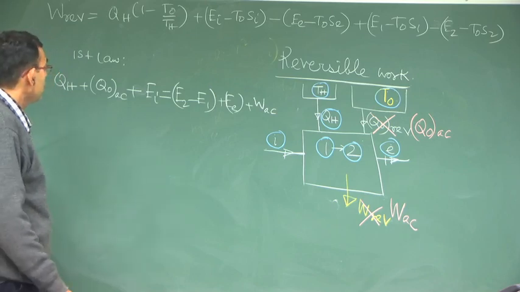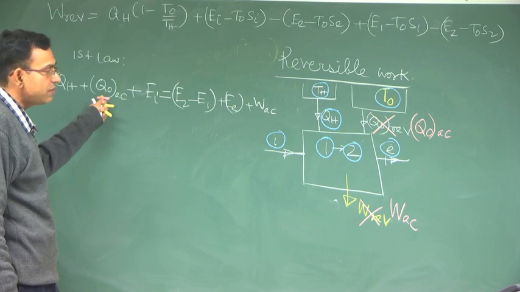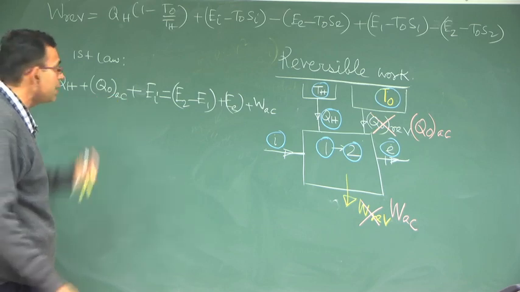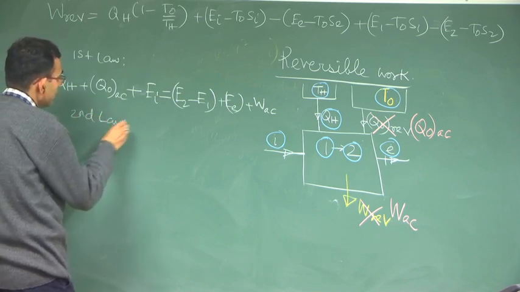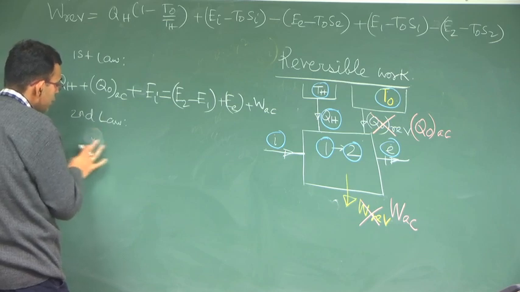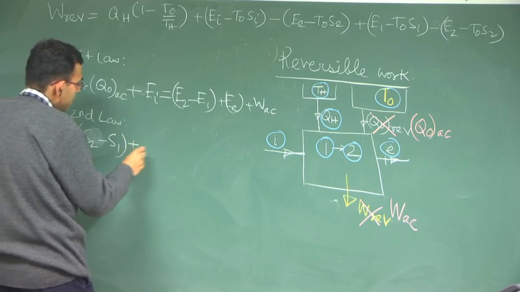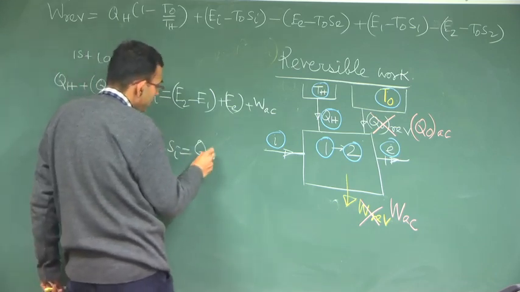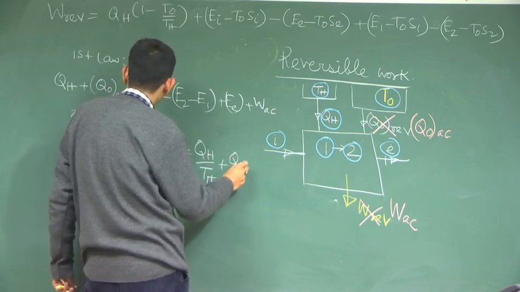Okay. Again Q0 actual you do not know, so you have the second law from which you get an expression for this and you eliminate in the process. So, second law: S2 minus S1 plus SE minus SI is equal to QH by TH plus Q0 actual by T0 plus entropy generation.